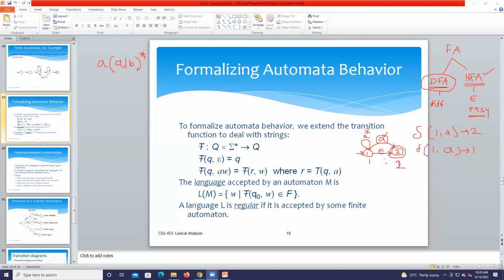To remove this difficulty, we are converting NFA into its equivalent DFA so that faster execution is achieved. So let us see how to convert it.